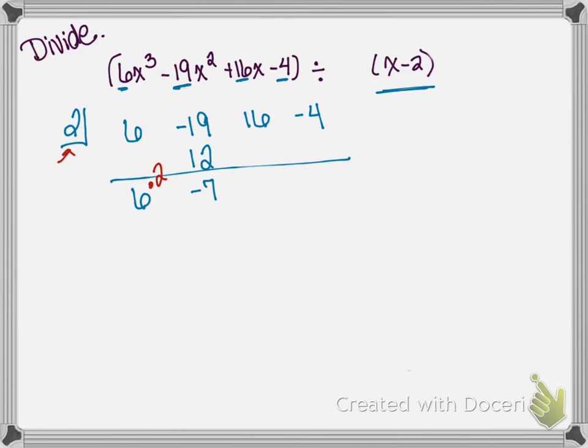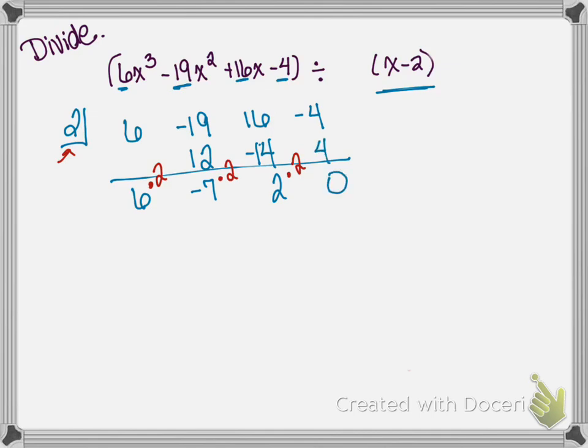Now, I take that negative 7, multiply by 2. What's negative 7 times positive 2? That's negative 14. 16 and negative 14 is positive 2. I take 2, multiply it times 2, and what do I get? 4.